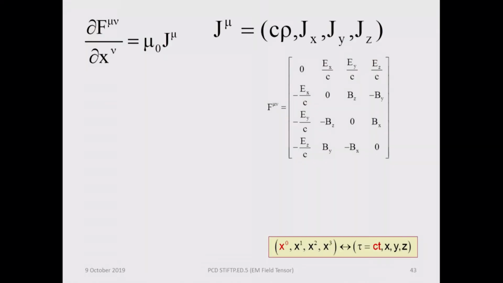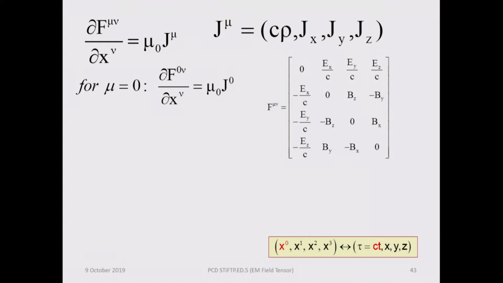So, let us write the electromagnetic field tensor, a tensor of rank 2, and the current density vector. So, this is the field equation which I mentioned, the derivative of the field with respect to the coordinates, the 4 space time components, right. And let us consider this for mu equal to 0. We are expecting 4 equations, and the first one is for mu equal to 0.